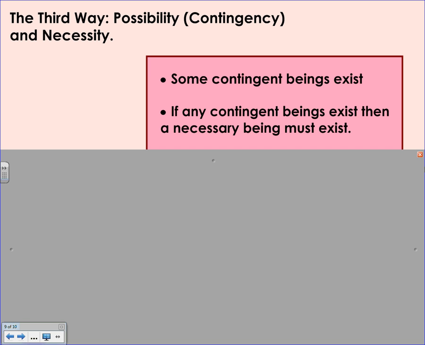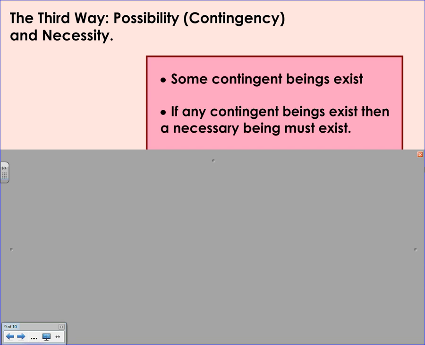Now, what Aquinas then goes on to say is that if all beings were contingent, there must have been a time when there were no contingent items. So there would have been a time prior to contingent beings coming into existence.